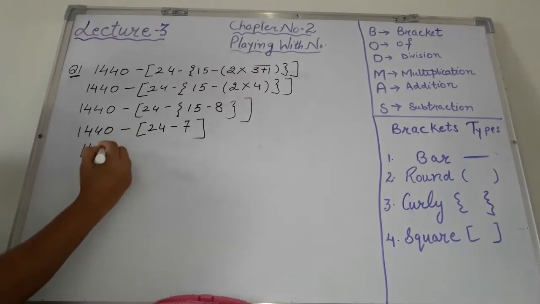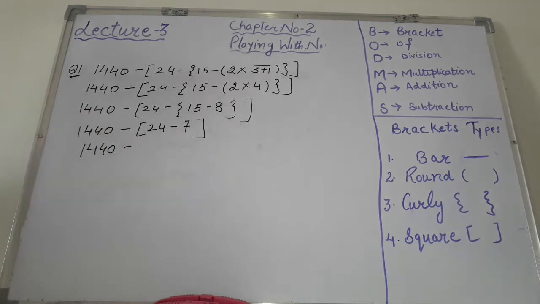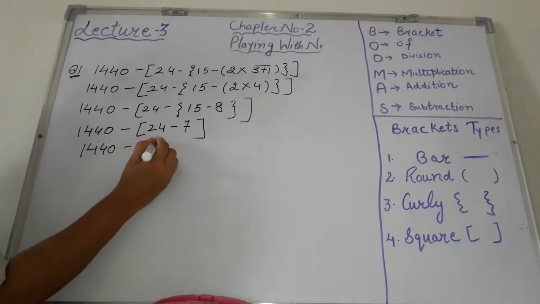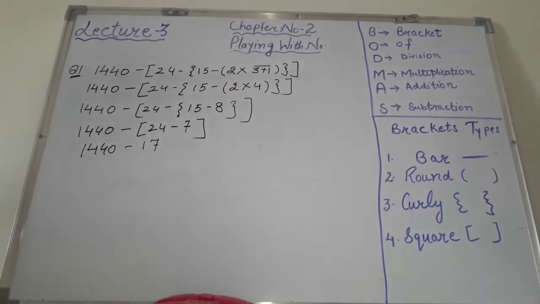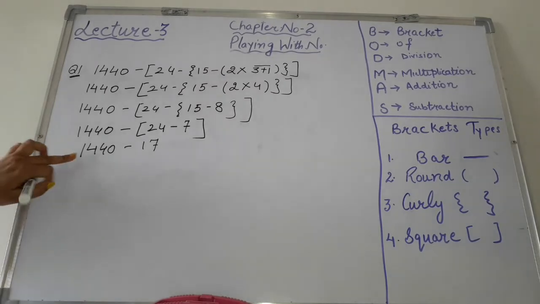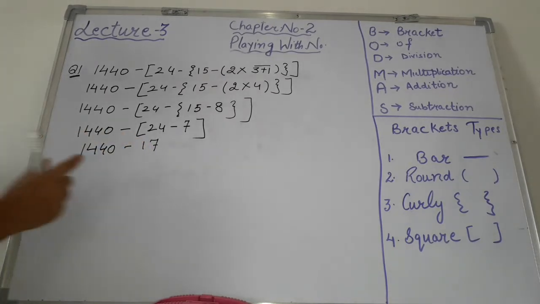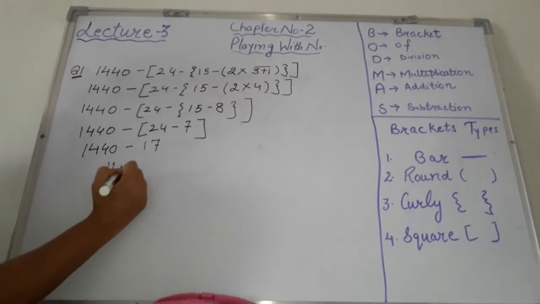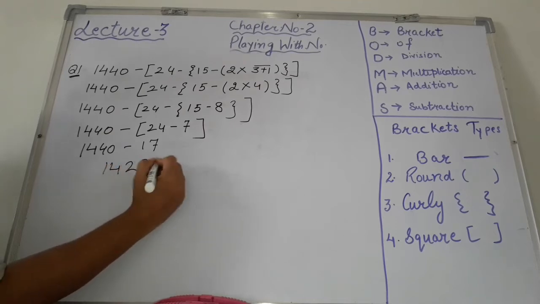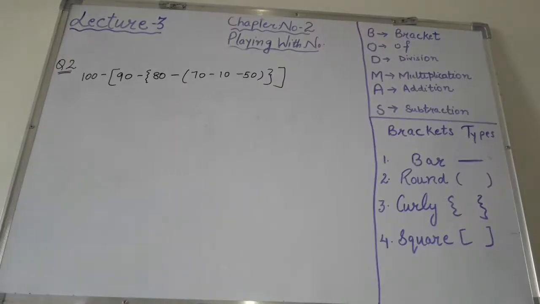Then 24 minus 7 becomes 17. Now you can see that on solving the brackets I easily came to the easiest statement, and now I easily subtract the 17 from 1440 and I get my answer as 1423.